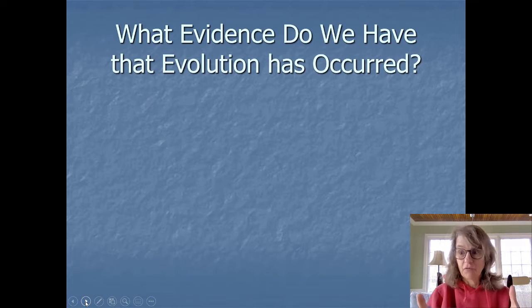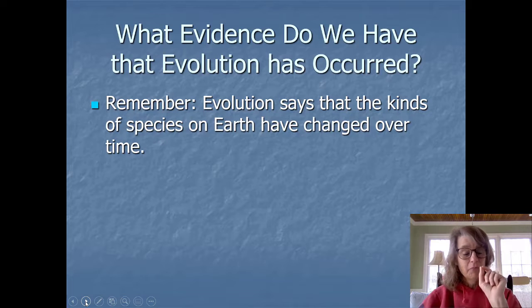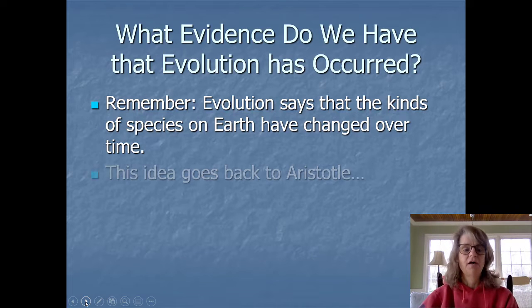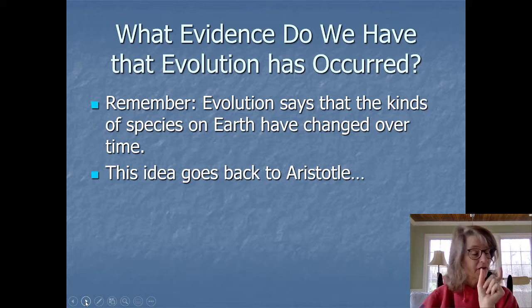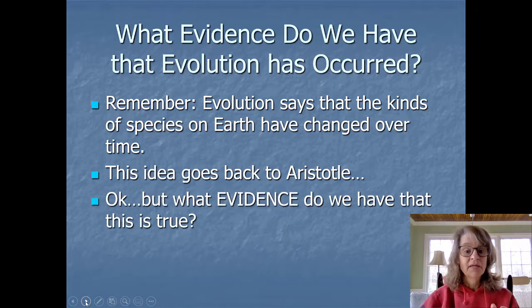It's important for us to know the overwhelming mountain of evidence that we have for that. So remember what evolution says, that the kinds of species on Earth have not remained static. It has changed over time. And remember that Darwin didn't give us this idea. This idea goes back much before Darwin, all the way to Aristotle.